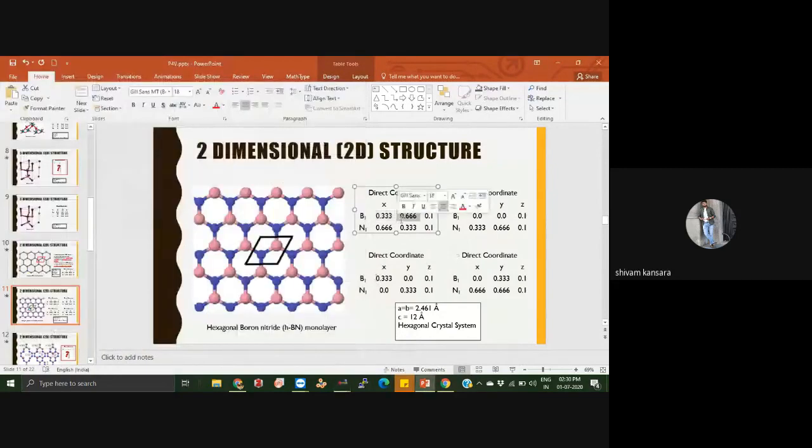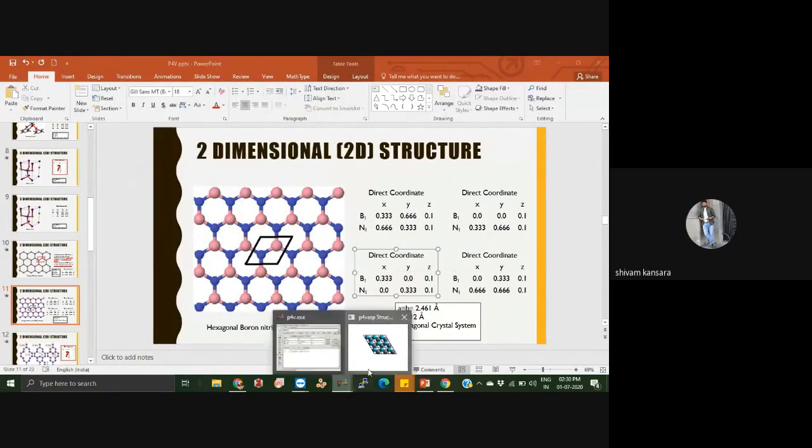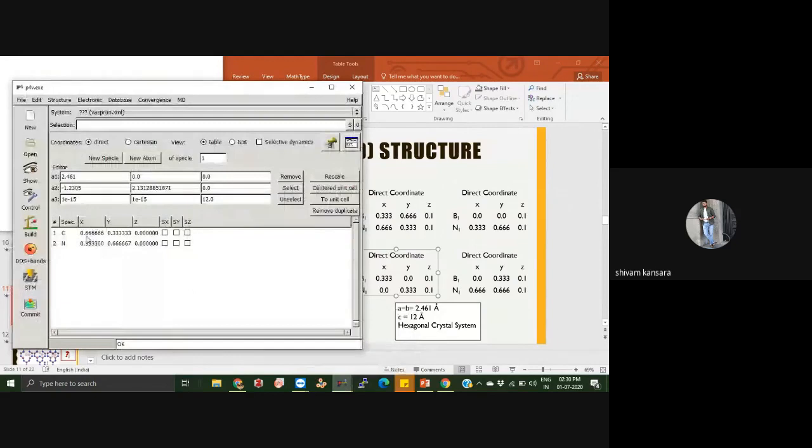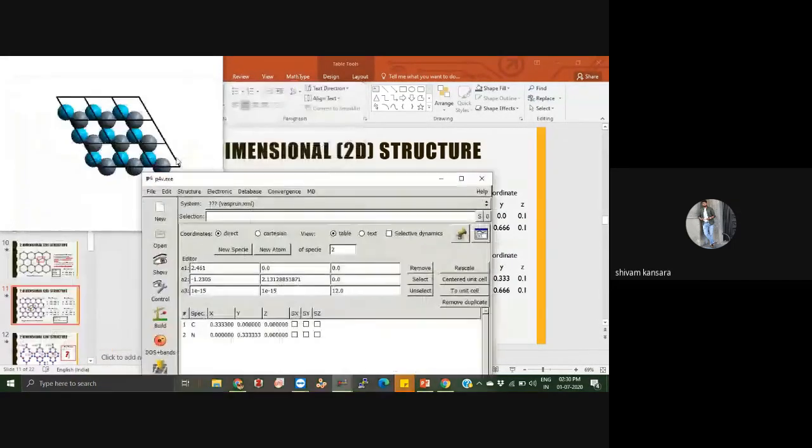Now the first one is completed, the second one is completed. Now go for the third one. What is the third one? 0.33 and 0 and 0.33. So let's put it 0.33 and 0 and 0.33. And again this is the same hexagonal structure.